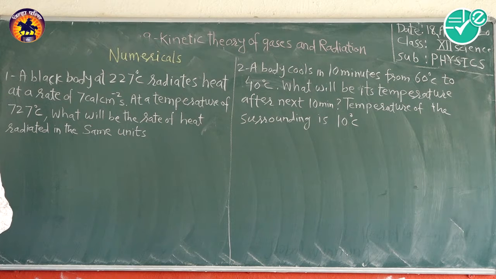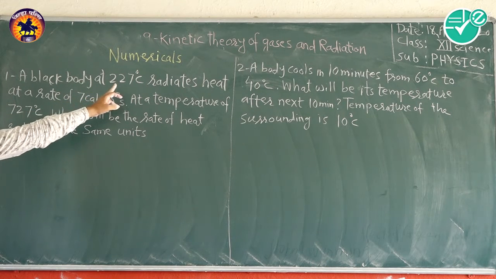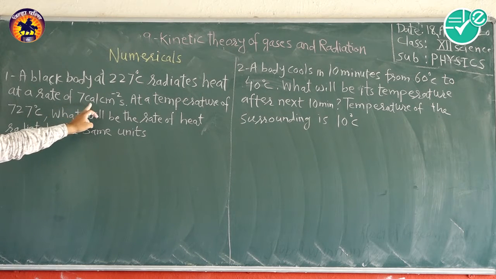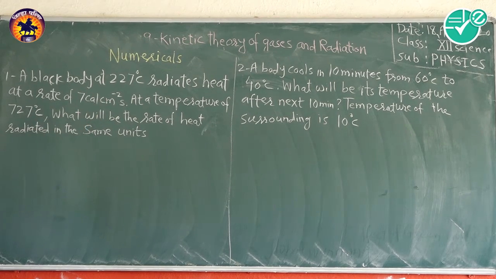Now, on Stefan's law and Newton's law of cooling, we will take one example of each. The question is: a black body at 227 degrees Celsius radiates heat at a rate of 7 calories per centimeter square second.